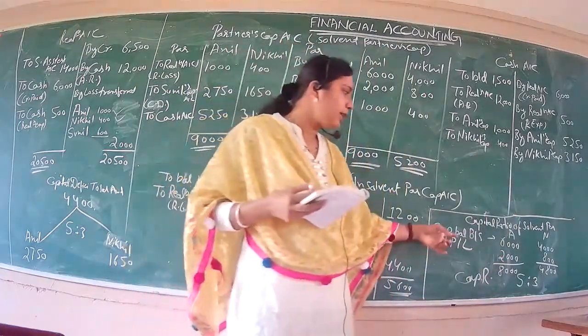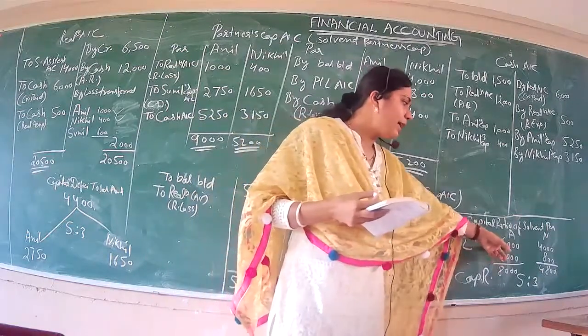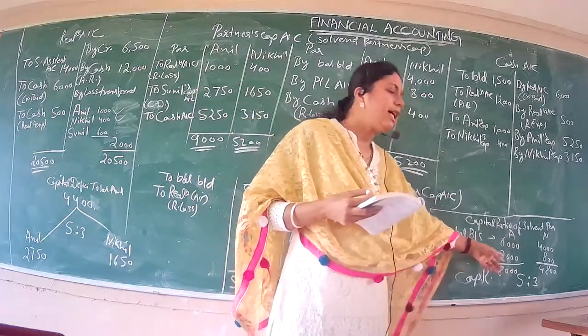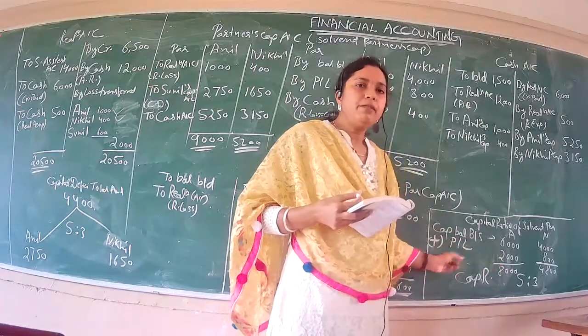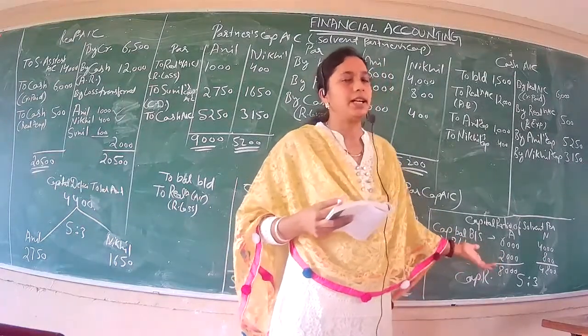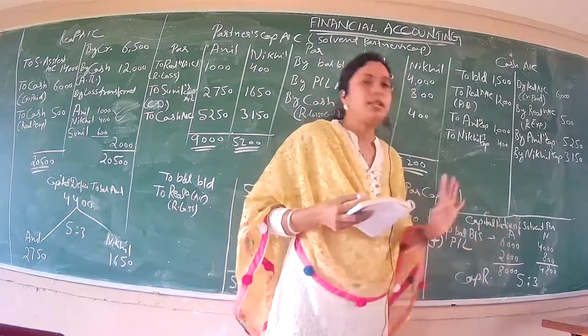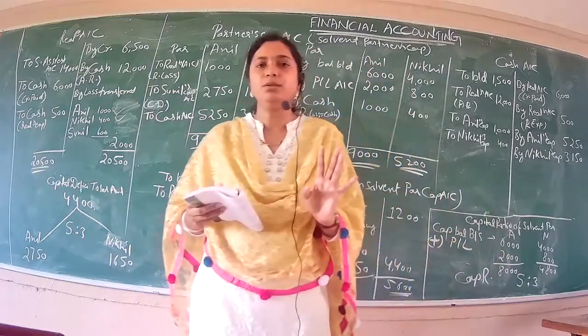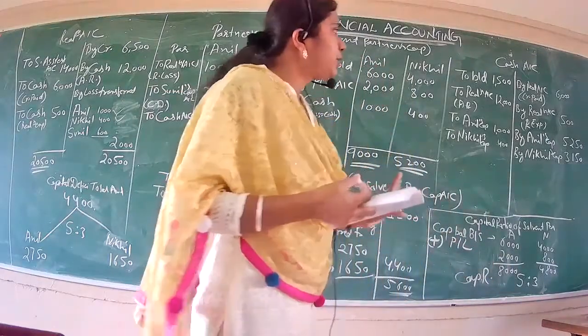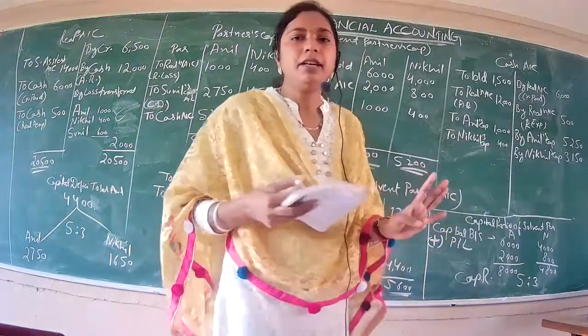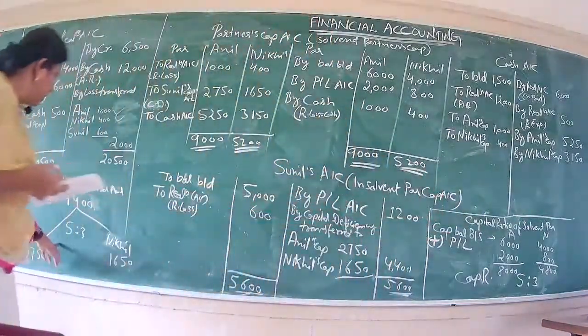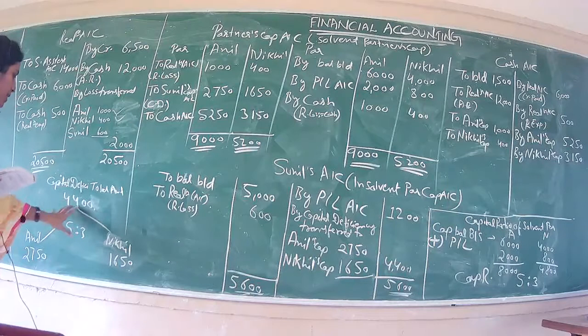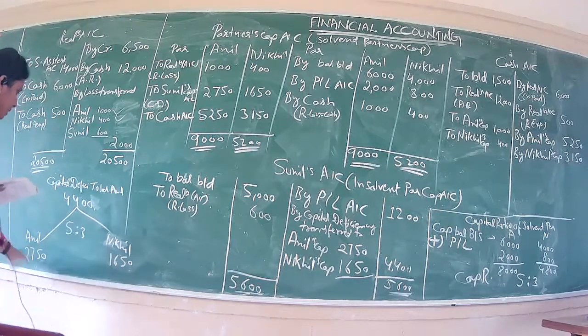And for that calculation, we need to take the capital balance from the balance sheet and add the profit and loss. If profit, add; if loss, deduct. Okay, and after that, finally we got the ratio of 5:3. And after getting the ratio of 5:3, we went for the sharing of, or dividing, the capital deficiency among those two solvent partners.